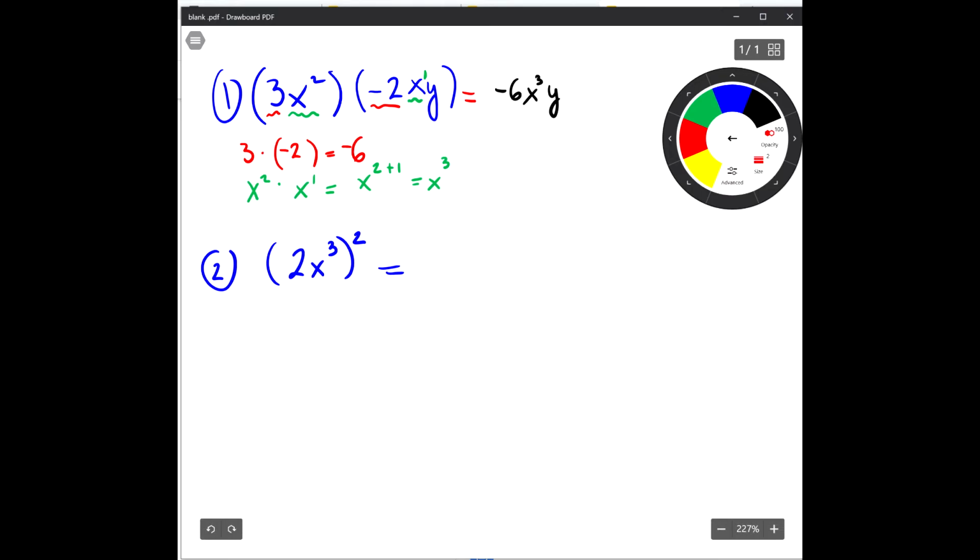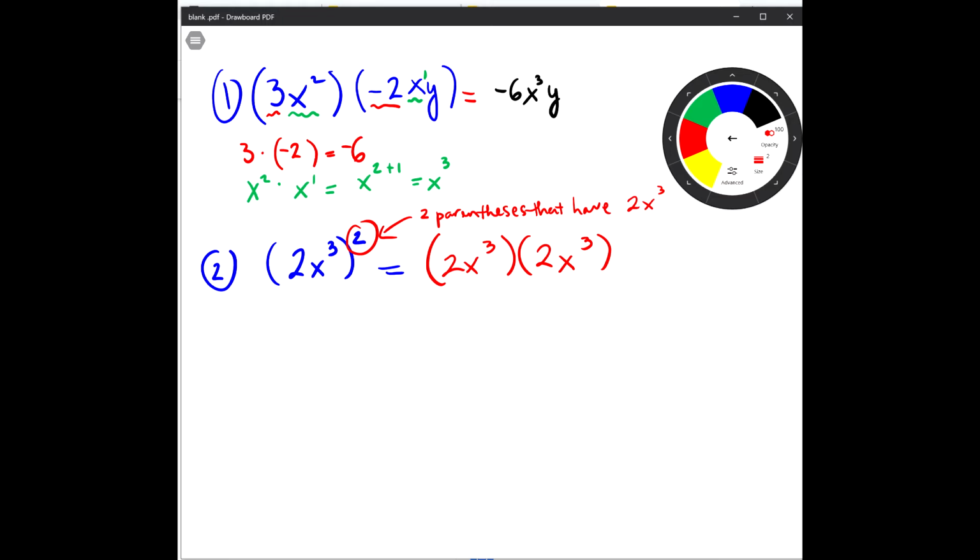So in this case, this means I have 2 parentheses that have 2x cubed. Okay, so that means I have 2 parentheses and each of them will have 2x cubed in it.